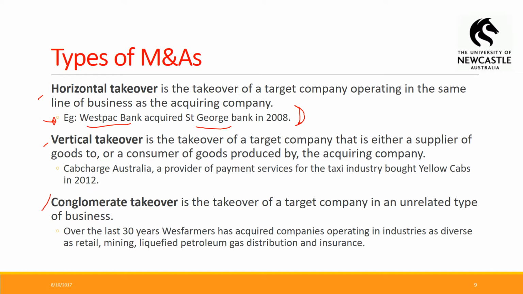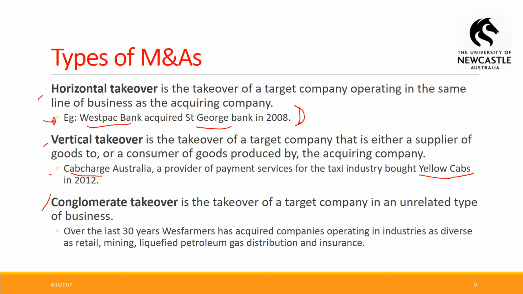Vertical takeovers are when a company buys either a supplier or a customer, right? That is, a company that sells goods and services to, or buys goods and services from, the acquiring company. An example here is CapCharge, a provider of payment services for the taxi industry, which bought Yellow Cabs, a company that provides taxi services.